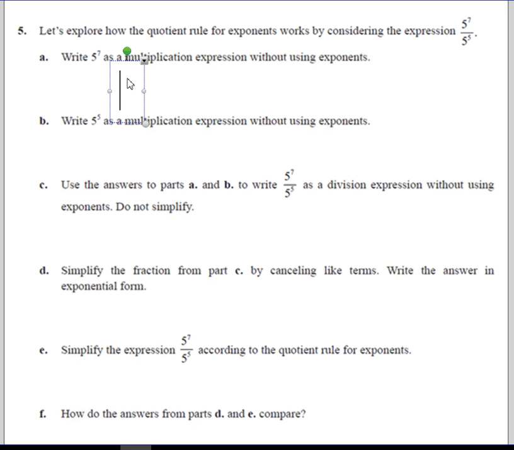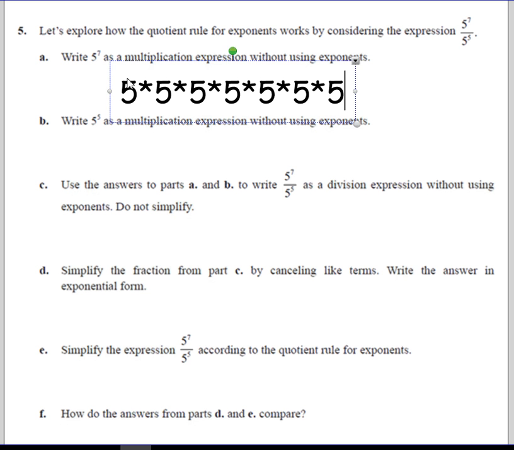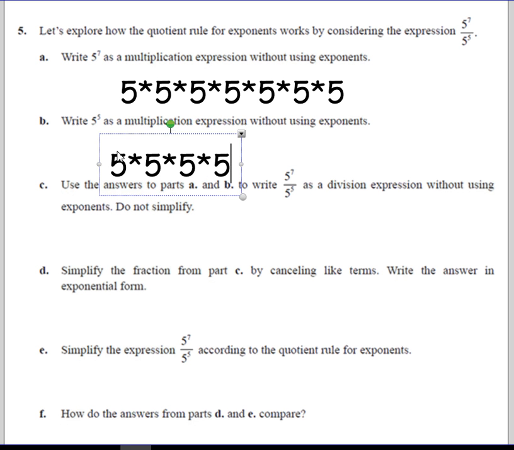So 5 to the 7th power would be seven 5s. So 1, 2, 3, 4, 5, 6, 7. And then 5 to the 5th power, we'll give ourselves five 5s. 1, 2, 3, 4, 5. And so we're supposed to write it with a division, without using exponents.